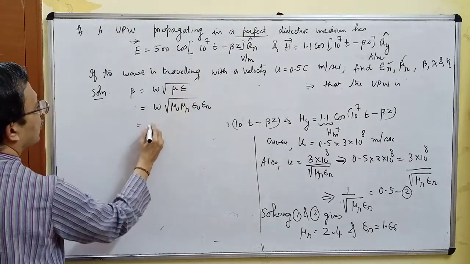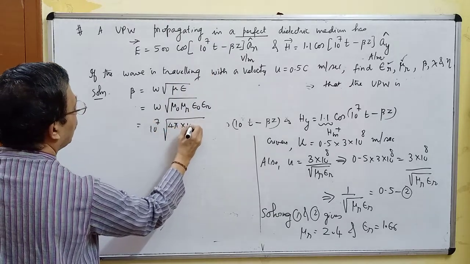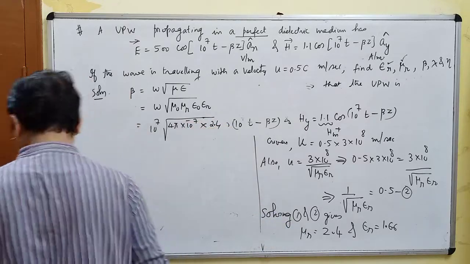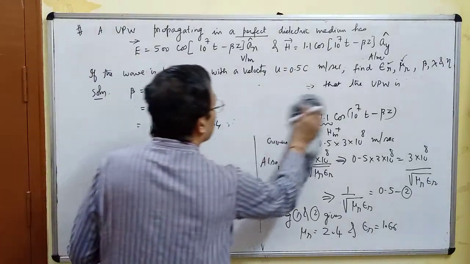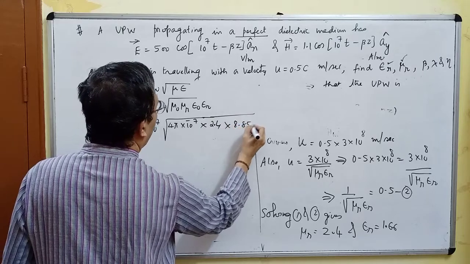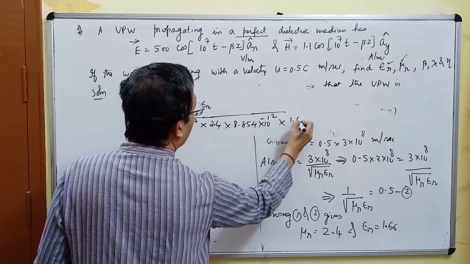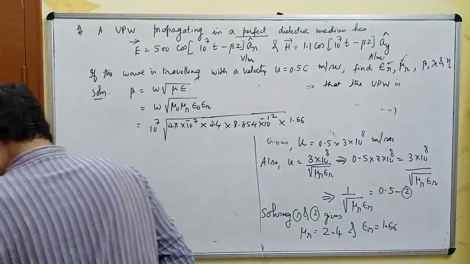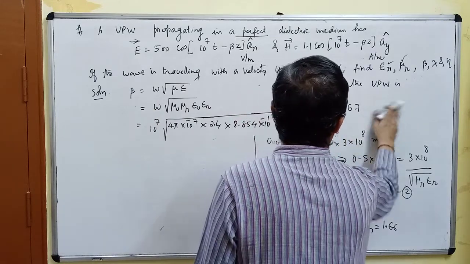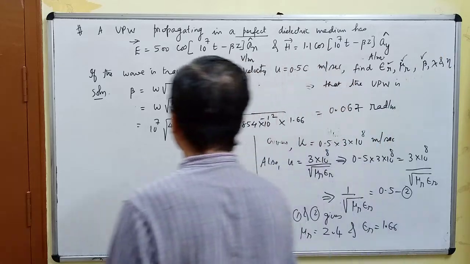So 10 to the power 7 into root of mu naught, which is 4 pi into 10 to the power minus 7, into mu r, which we have found as 2.4, and epsilon naught, which is 8.854 into 10 to the power minus 12, into epsilon r, which is 1.66. If you substitute the values, you will get the answer as 0.067 radians per meter. Beta is solved.